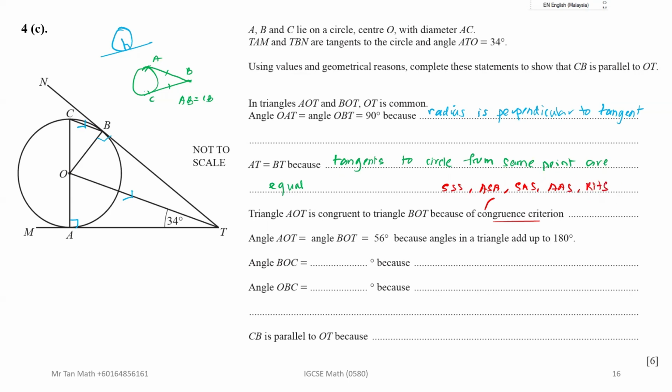In this case, we have 90 degrees, the hypotenuse, and a side. So this is RHS, right angle, hypotenuse, and side.